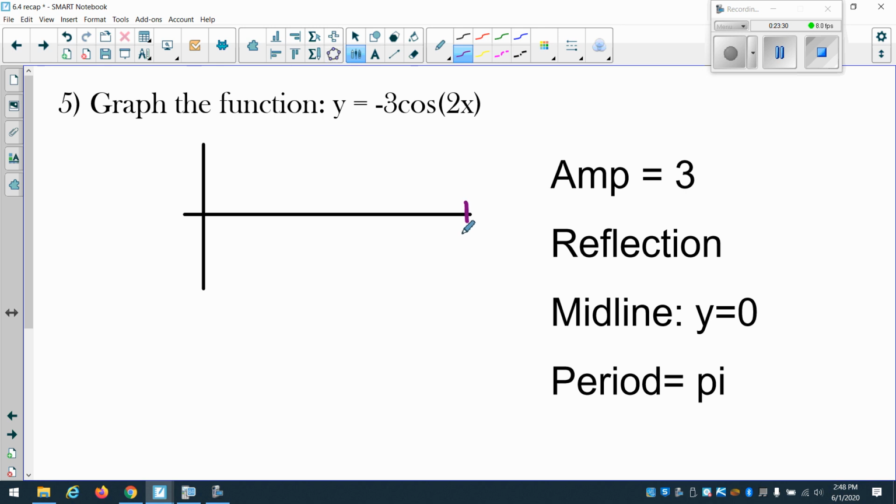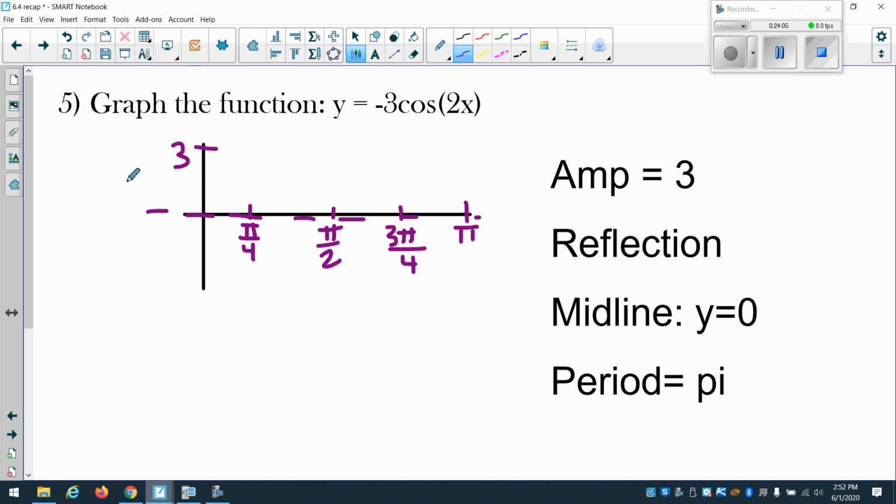Now you have pi units. That's 1 full rotation. Half of pi is pi over 2. Okay, so pi over 2 divided by 2 gives you pi over 4. Pi over 4 times 3, 3 pi over 4. So I know my amplitude is 3. So that means the midline, we know that the midline is 0.